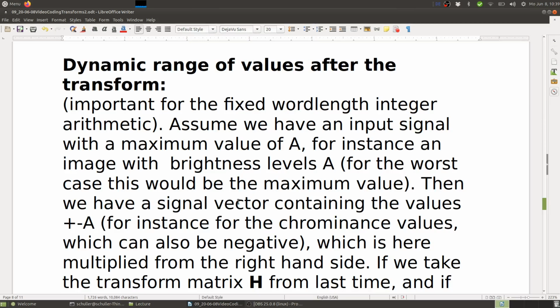Then we have a signal vector containing the values plus minus A. So if we have chrominance values, we have the values between minus 127 and plus 127. So again, coming from the 8 bits.